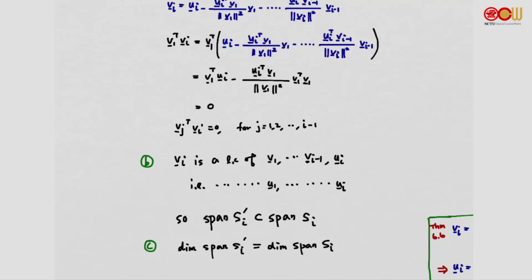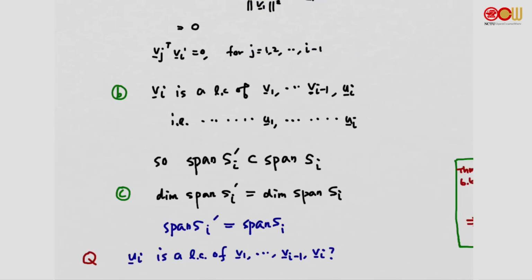So Vi is actually a linear combination of U1 to Ui vectors. So the span of Si prime will be contained in the span of Si. And we know they have the same dimension because the two sets have the same number of vectors. So there we go. Span Si prime is indeed equal to span Si.